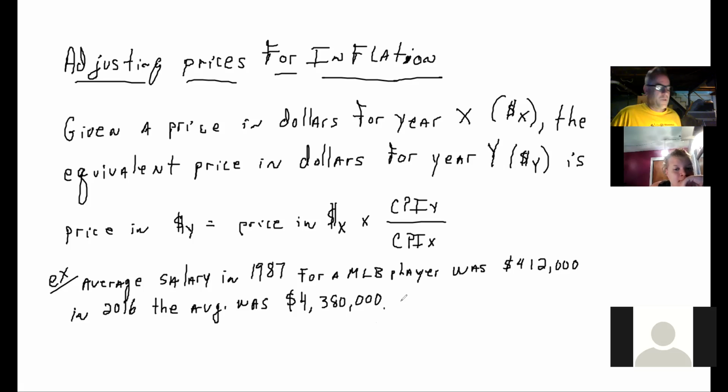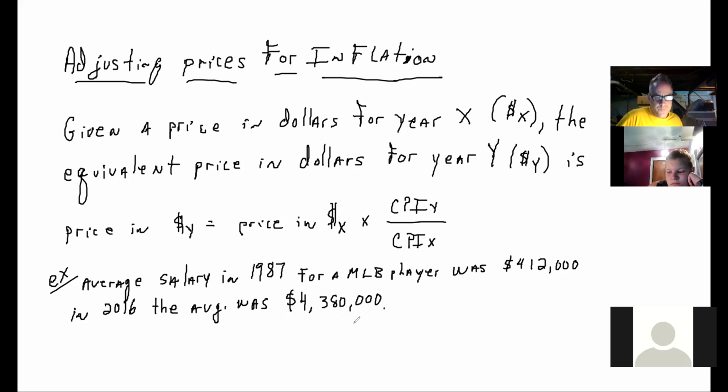All right, so what we want to do here is compare the two average salaries, but in 2016 dollars. That is, we want to take what the average salary was in 1987 and compute what that would be adjusting for inflation in 2016.